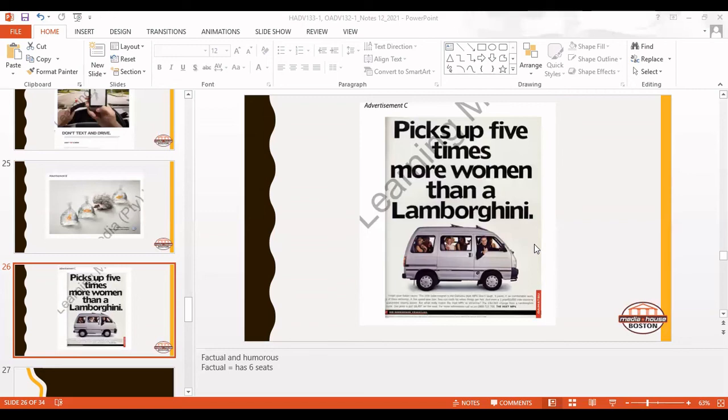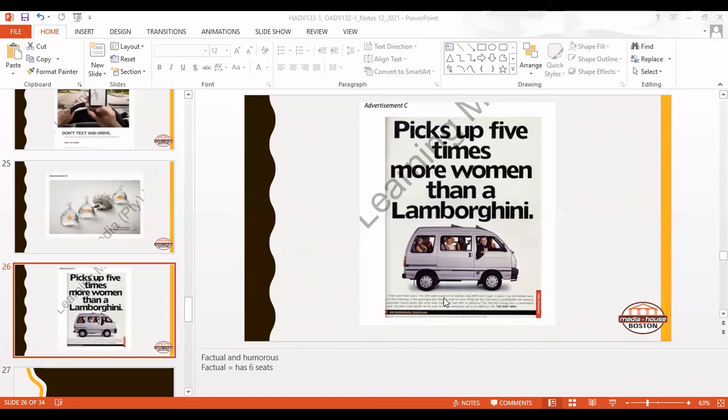So I would also think it's a descriptive copy, because by saying it picks up 5 times more women than a Lamborghini, it could be because it's much bigger than the Lamborghini. They could also be promoting the company that makes taxis. So that is why I also think maybe institutional copy as well. I'm just caught in between. I'm not really sure.